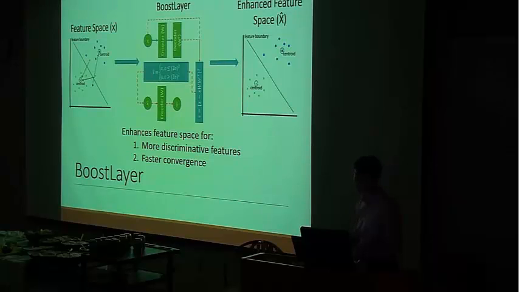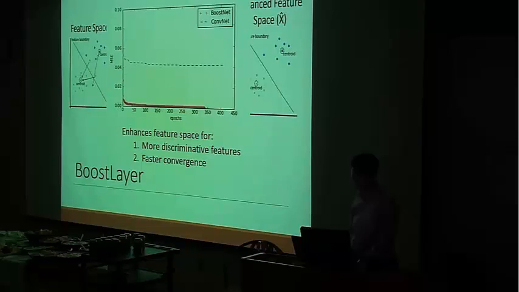With the outliers, if it's greater than a certain threshold, and in this case, 2 standard deviations, if it's larger than 2 standard deviations away from the mean, we consider that an outlier, and we move that towards the centroid of your feature space. And in this way, you try to encourage your network to learn more discriminative features while having a faster convergence.